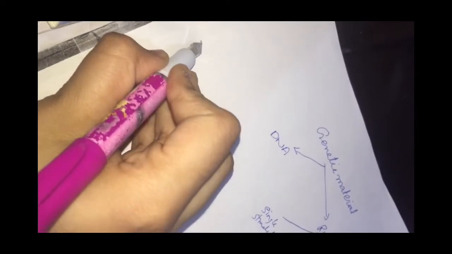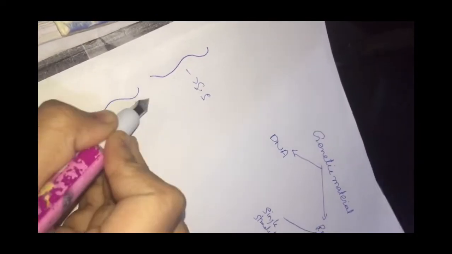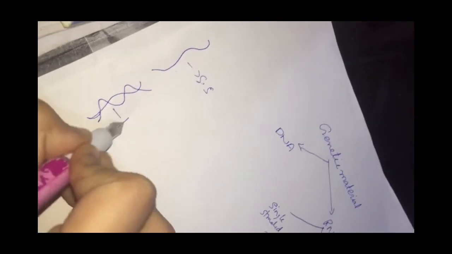What is single-stranded and what is double-stranded? Okay, so single-stranded RNA have a structure like this, which is only one strand, whereas double-stranded RNA will have structure like this, much like DNA, because DNA is also double-stranded most of the time.